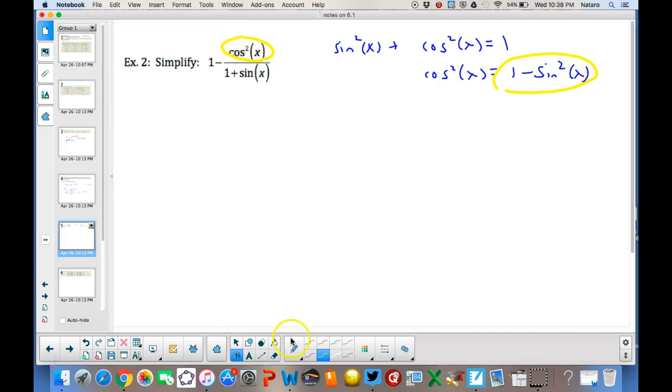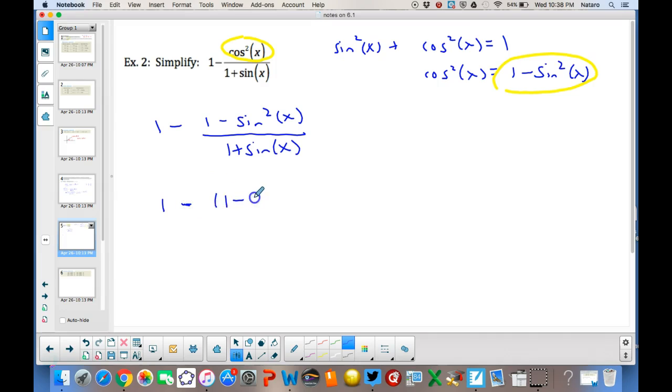So let's do that. When we do that, we have 1 minus, and in the numerator 1 minus sine squared of x, and in the denominator 1 plus sine of x. So now you might be thinking, wait, this is a perfect square and this is a perfect square. That's a difference of perfect squares. So let's factor that.